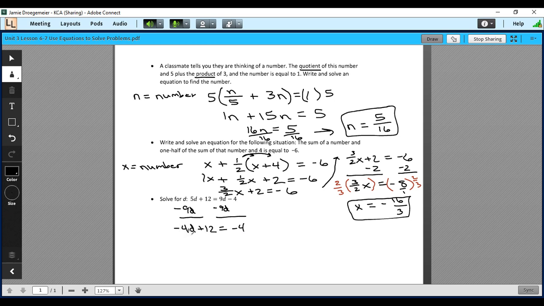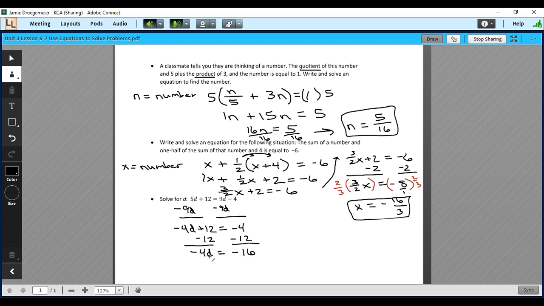Now I still want to get this d by itself, so right now I'm adding 12. I want to undo that addition, so I'm going to subtract 12 from each side. Leaves me with -4d here. And on my right side, -4 minus 12, or -4 plus a -12, that's -16.